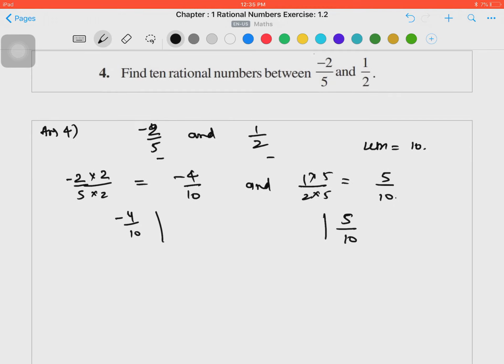You are asked to write 10 numbers in between these two numbers. If you find the numbers in between these two, they will be minus 3 by 10, minus 2 by 10, minus 1 by 10, 0 by 10 or 0, 1 by 10, 2 by 10, 3 by 10 and 4 by 10.